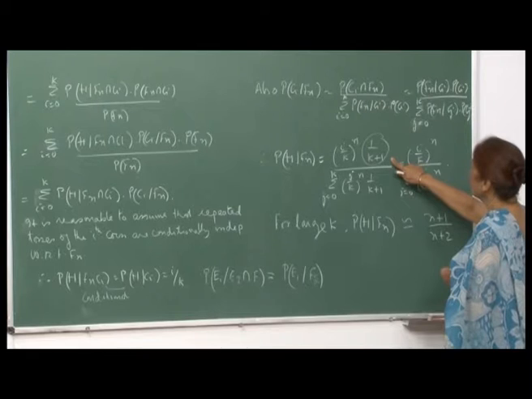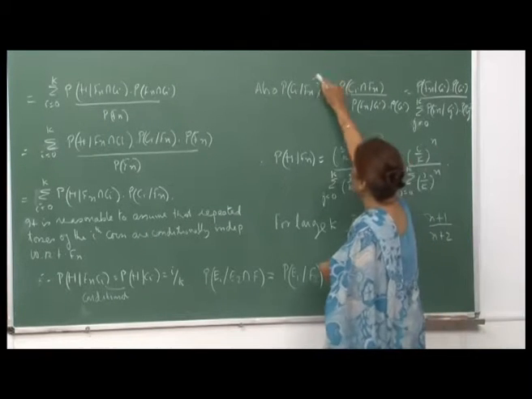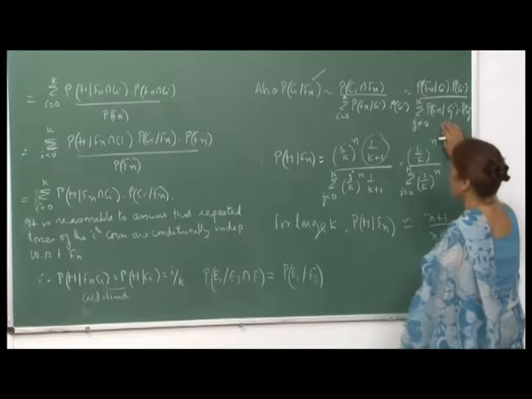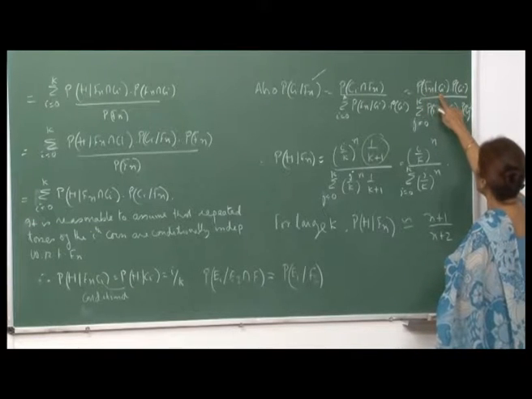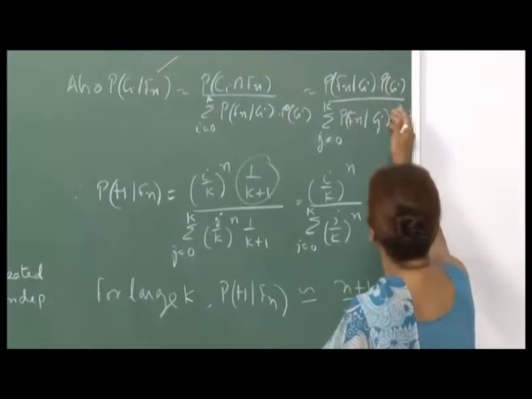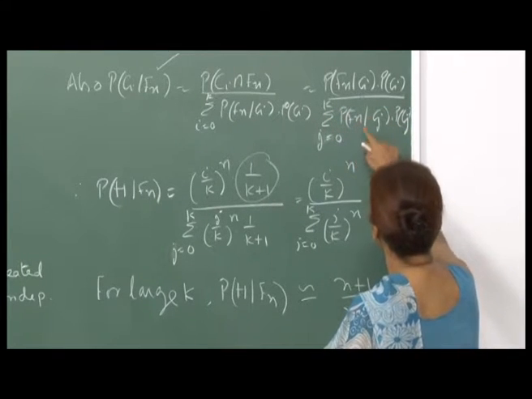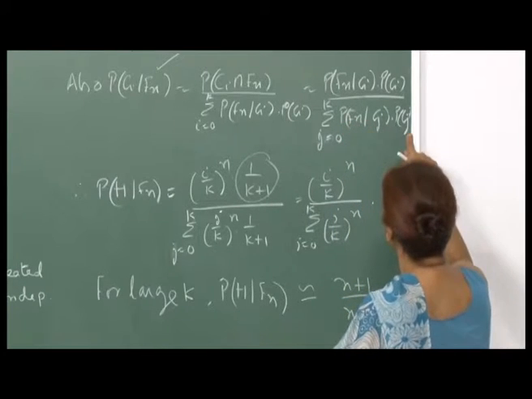Actually, what is happening is that C i given f n, yes, I missed out on this part. So, probability of C i given f n I have rewritten as probability of f n conditional on C i into P of C i, divided by sigma j varying from 0 to k of the probability of f n, which I am writing in this way, f n conditional on C j into P of C j.